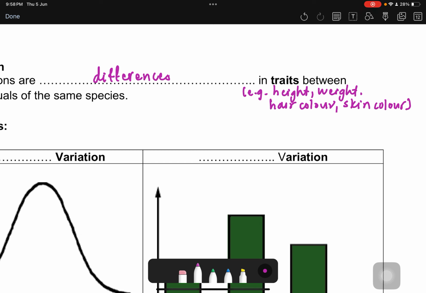These are all the differences that we will discuss in a bit, how we can categorize them into two different groups, continuous and discontinuous variation.